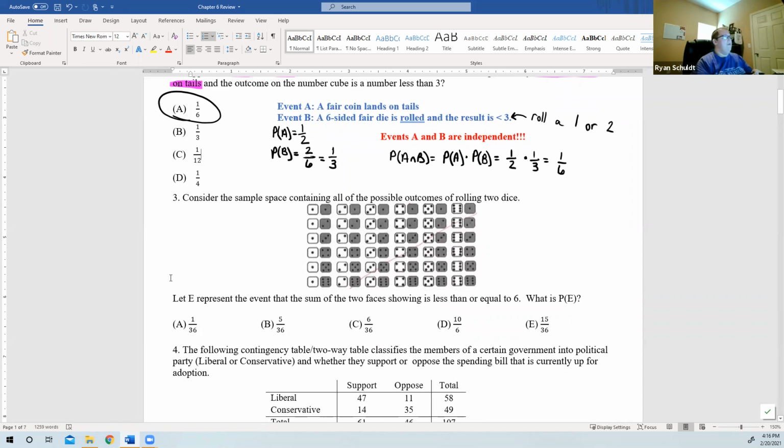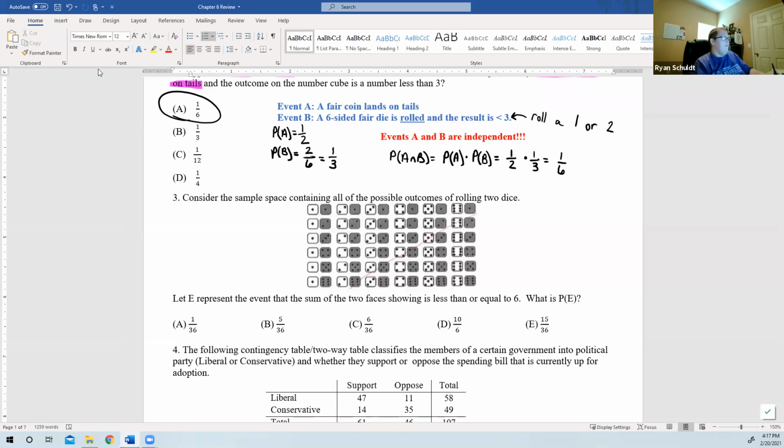Number 3, consider the sample space containing all of the possible outcomes of rolling 2 dice. And that's here. I don't know what this red line is. I wish it would go away, but there it is. Let E represent the event that the sum of the 2 faces is less than or equal to 6.